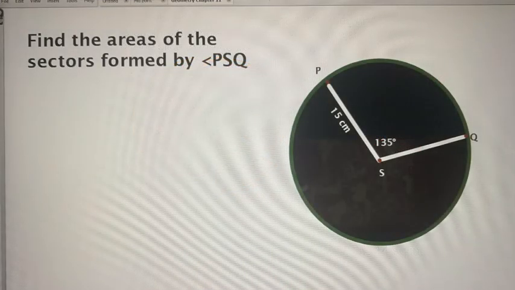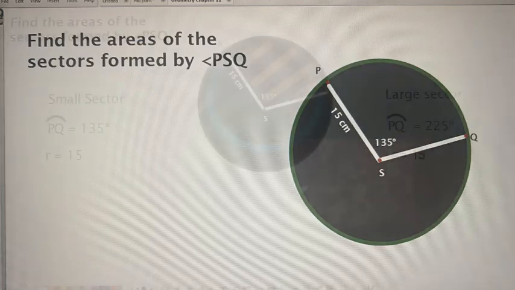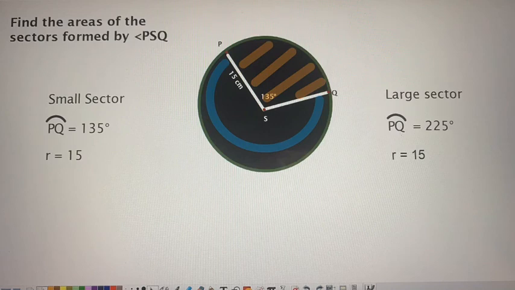Okay, these directions tell me to find the areas of the sectors formed by angle PSQ. Areas, sectors, seems to be plural. Well, if I look at this, I have a small sector and a large sector.